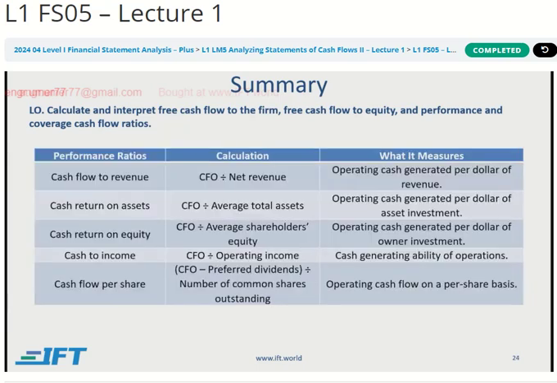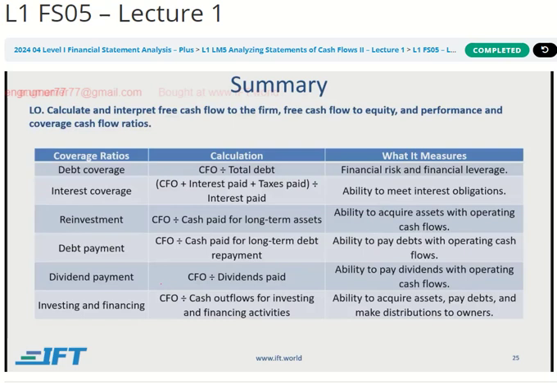And finally, we looked at different types of ratios, where we take our cash flow as a percentage of either revenue or assets or equity or income or per share, to get an understanding of what is the performance of the company and what are the coverage ratios in terms of its ability to pay its interest on time, to maintain its long-term assets, to pay back their long-term borrowing, and to pay their equity holders on time, and not only equity holders and debt holders, but also maintain their equipment.